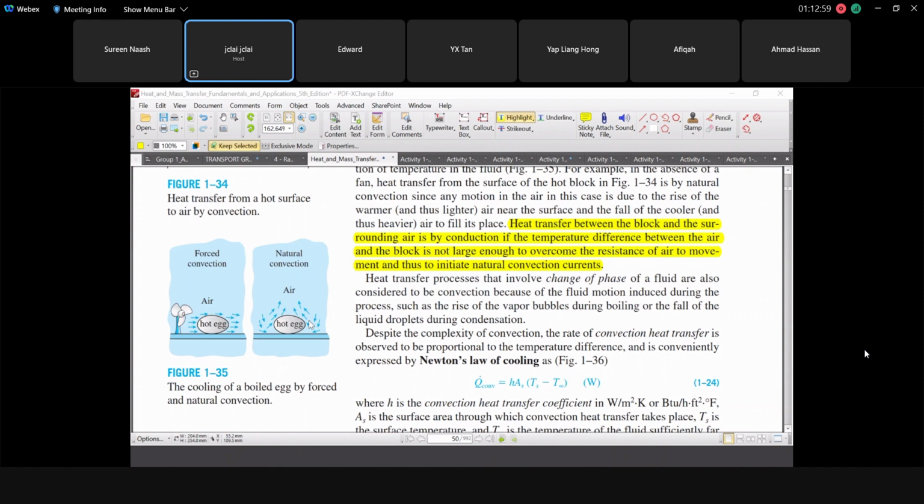Then the temperature difference between the air and the egg is not large enough to overcome the resistance of air to movement. So there is no natural convection under such a situation.